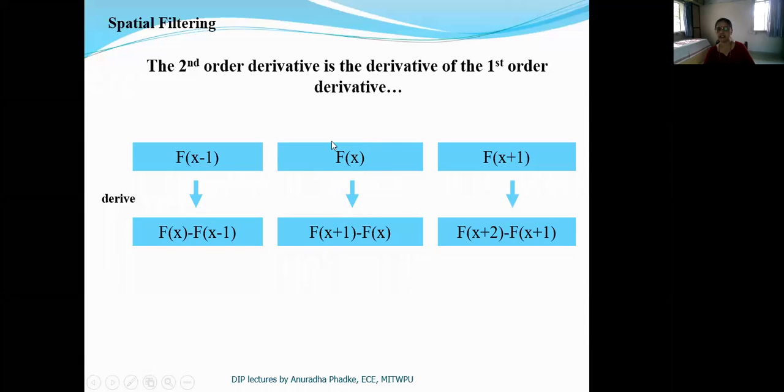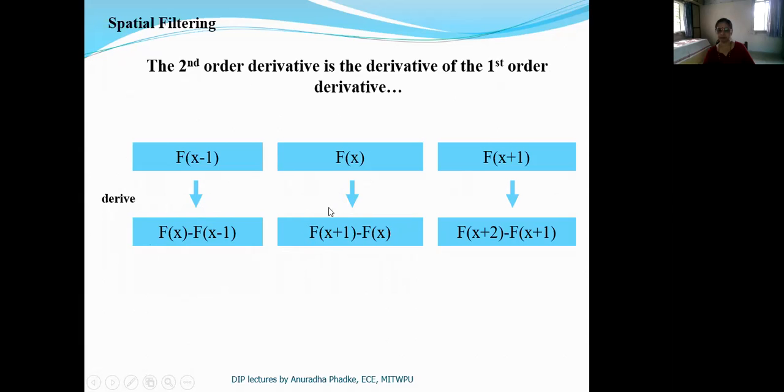Then with respect to f(x), f(x+1) minus f(x) is another first derivative term. And with respect to f(x+1), we need one more sample, the next sample, that is f(x+2). f(x+2) minus f(x+1) gives us the derivative at this particular point. Now, from these first derivative outputs, we can determine the second derivative. So we can obtain the second derivative as the difference between these first derivatives.